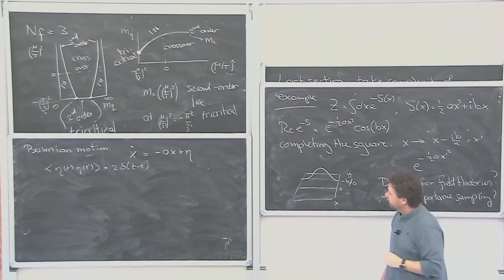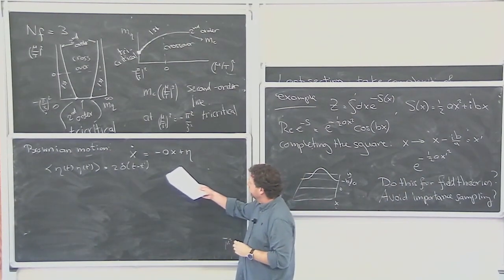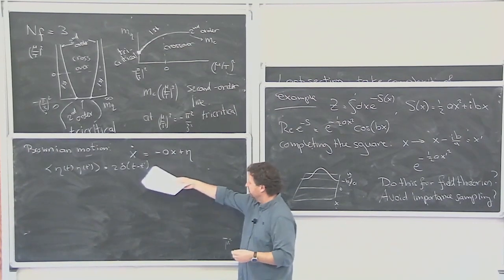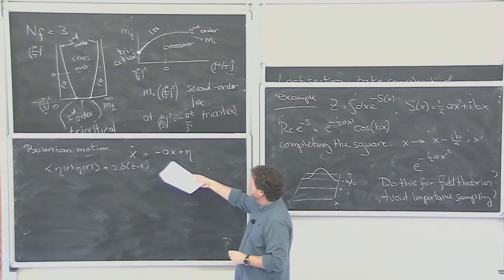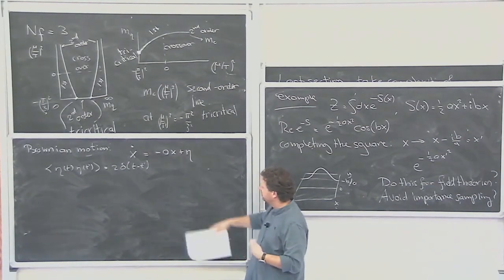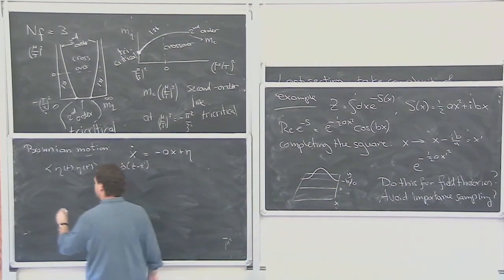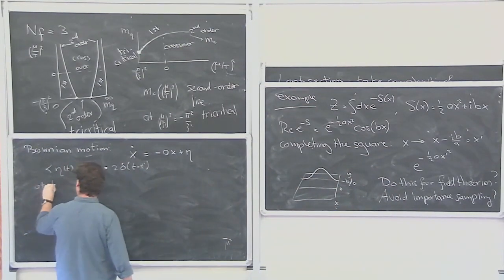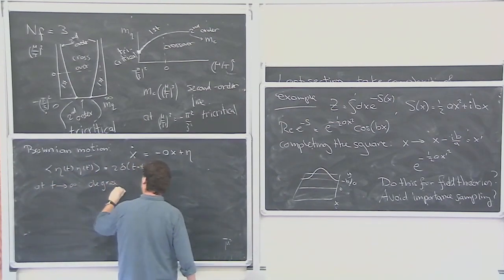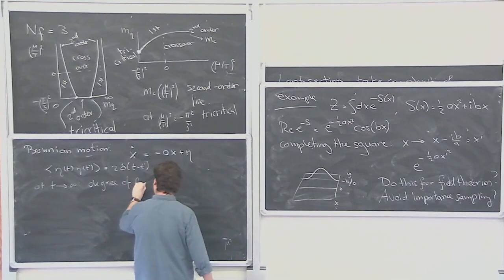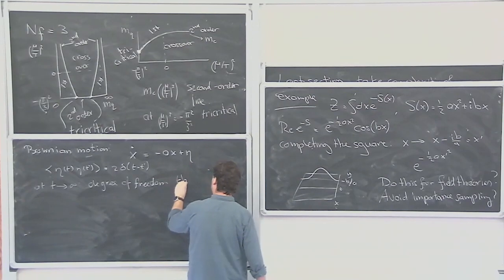Now, if you think about Brownian motion, what will happen is that this degree of freedom, this x, say it's the position of a particle, gets kicked around by the noise, but there's also a drift term which extracts energy. The noise puts in the energy. So after a long time, as t goes to infinity, this degree of freedom thermalizes.